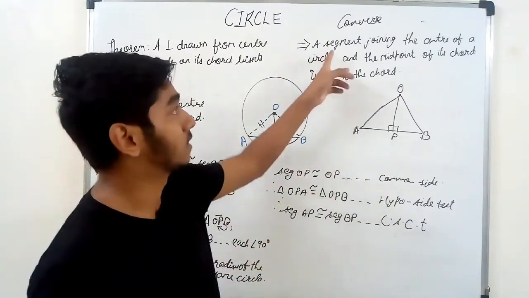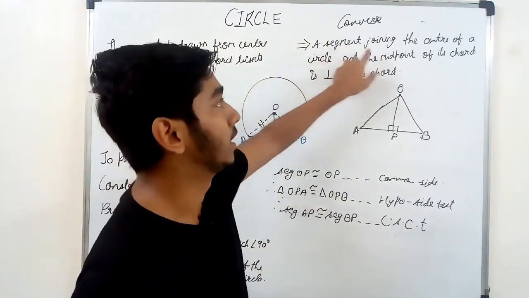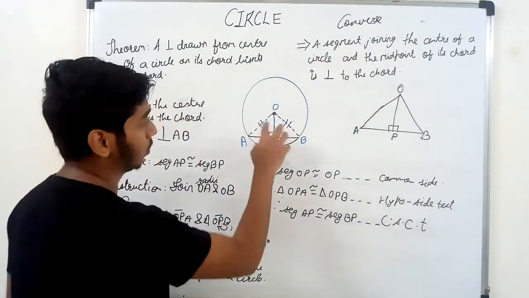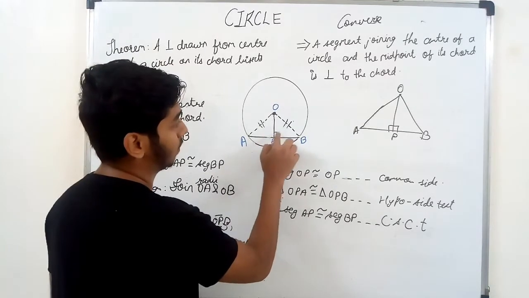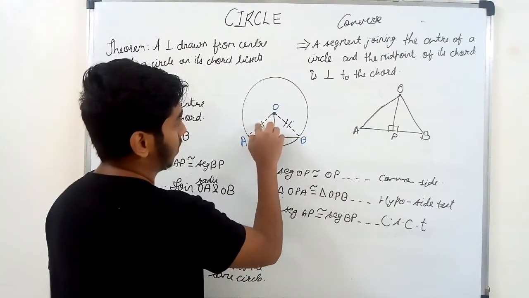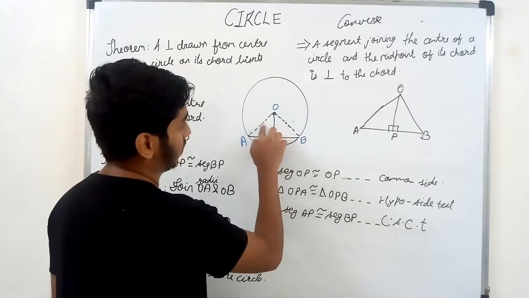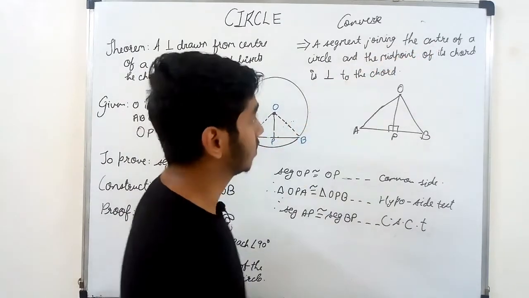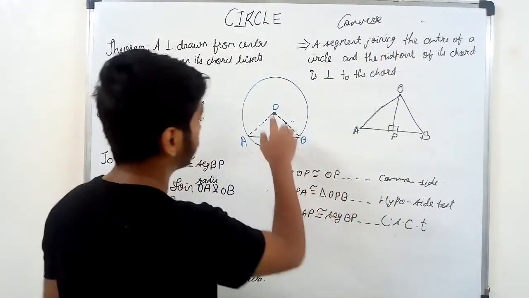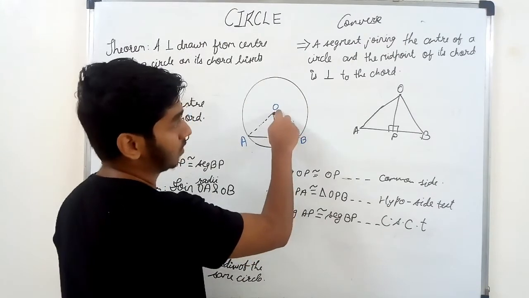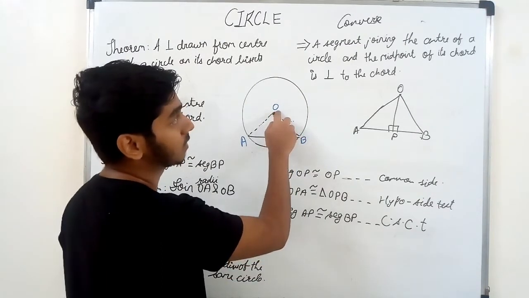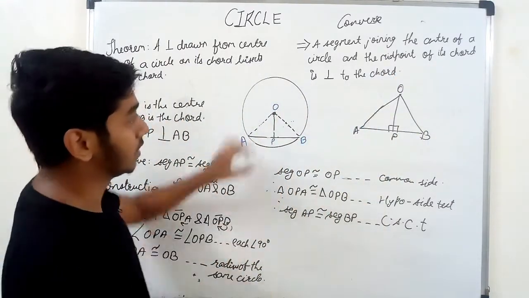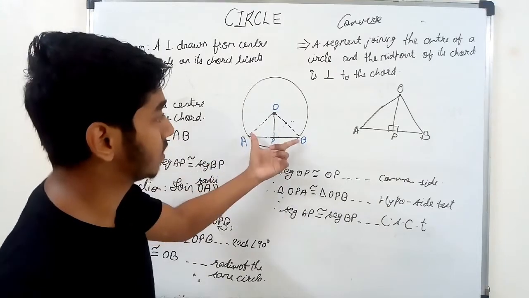So if you read this statement now, a segment joining the center of a circle. I'll make changes in this figure itself. So here a segment joining the center of a circle, this is the center, and the midpoint of its chord. So this is chord AB.